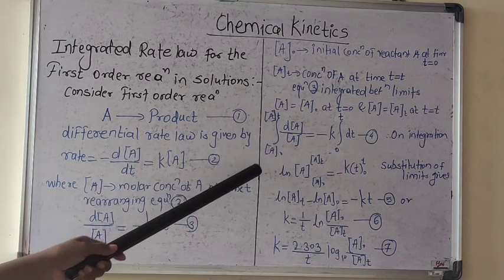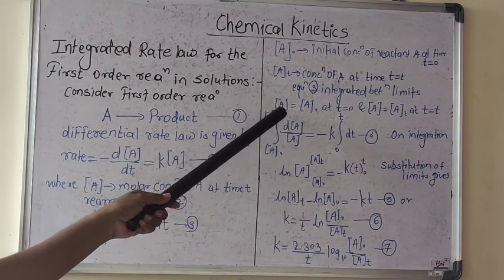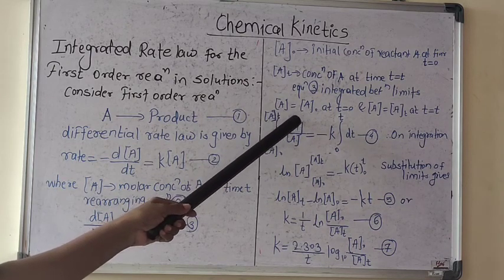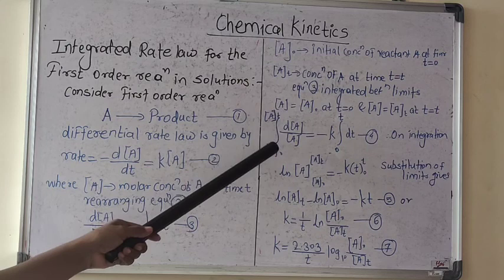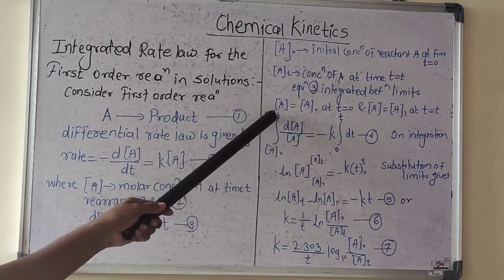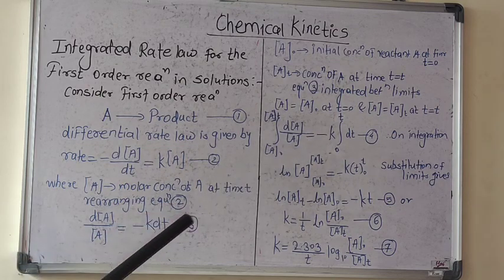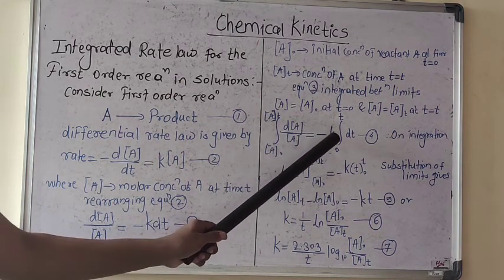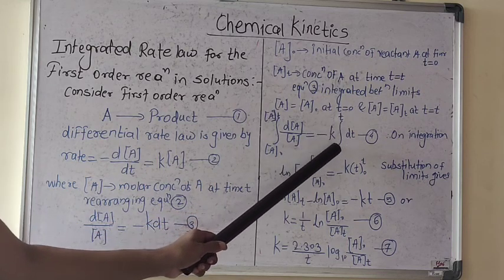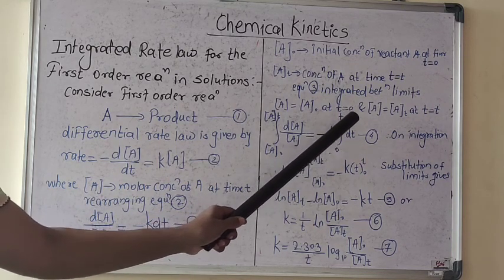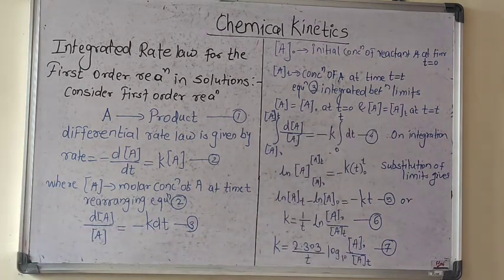So we integrate equation 3 between those limits. We get integration of dA upon A between the limits A0 to At equal to minus k. k is a constant, so it is outside of the integration symbol. Integration between limits 0 to t of dt. This is equation 4.